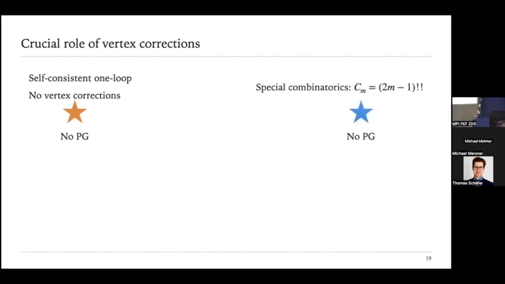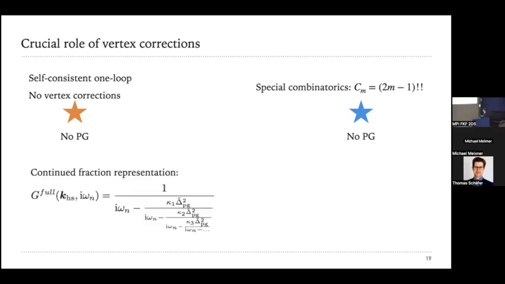To understand that, we go back to the literature and look for cases when there is no pseudogap behavior. One case is a self-consistent one loop, as I mentioned earlier, and another is a special kinematics that gives a special combinatorics.